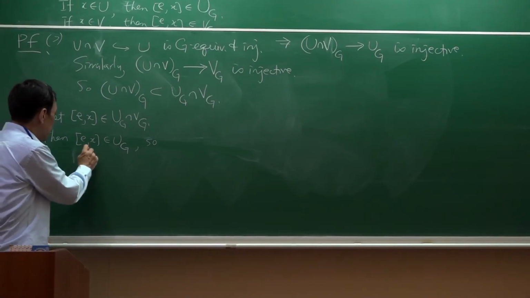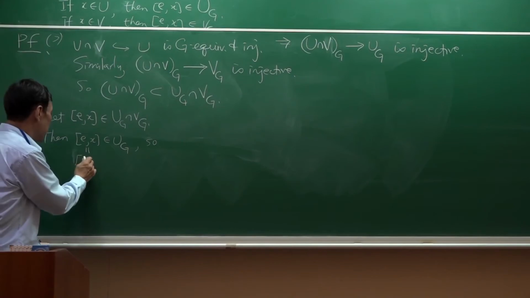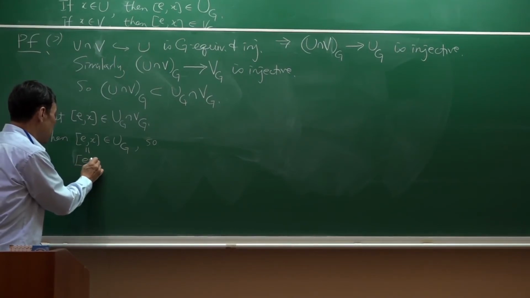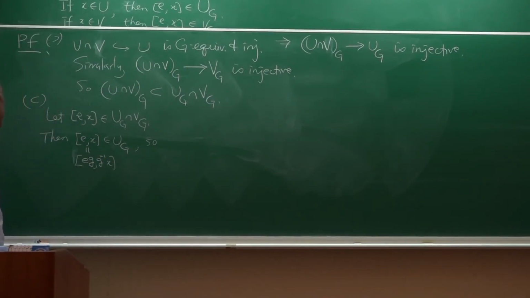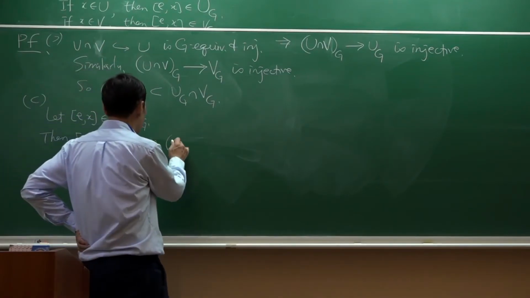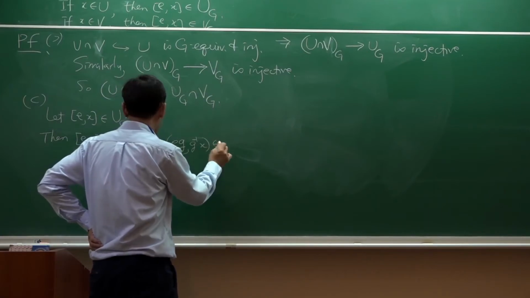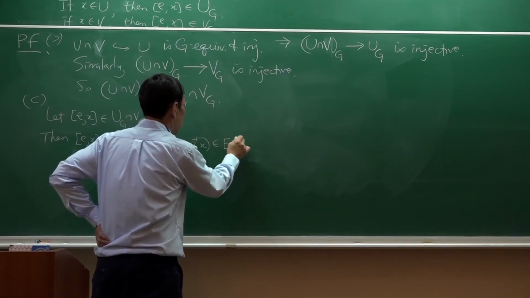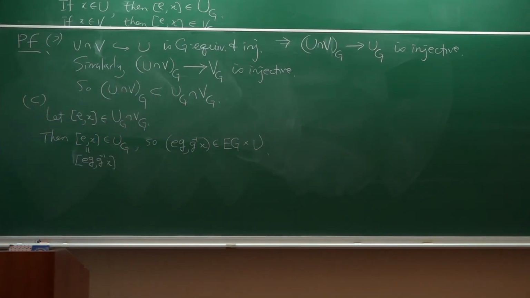Now actually, [e,x] could have other representatives, right? It could also be [eg, g inverse x]. So what we know is that there's some representative that's in EG cross U for some g.